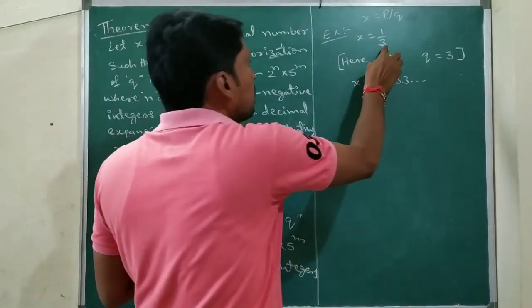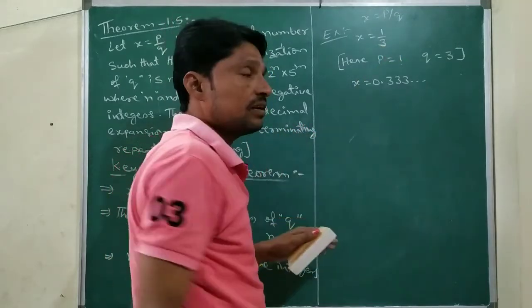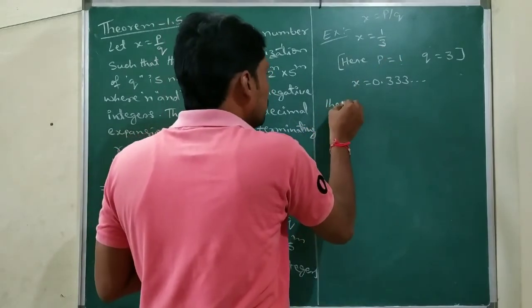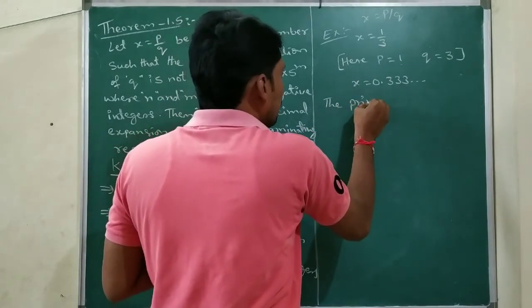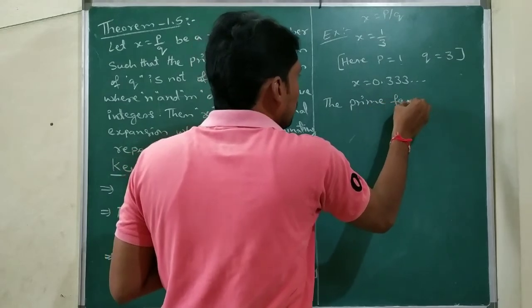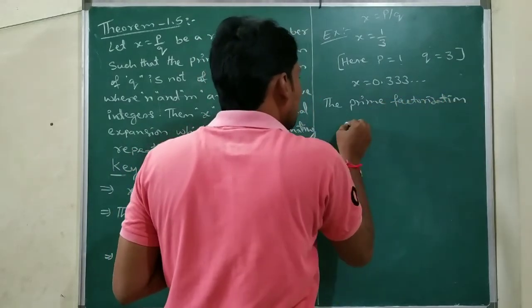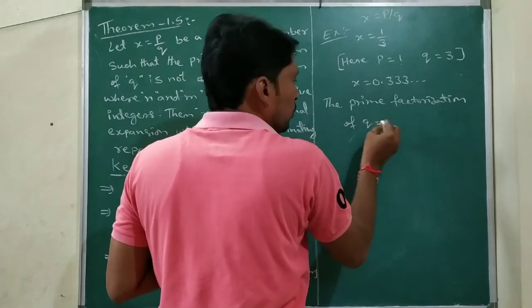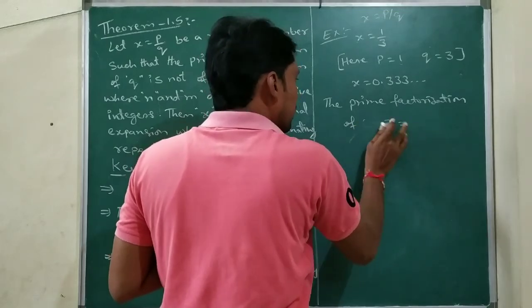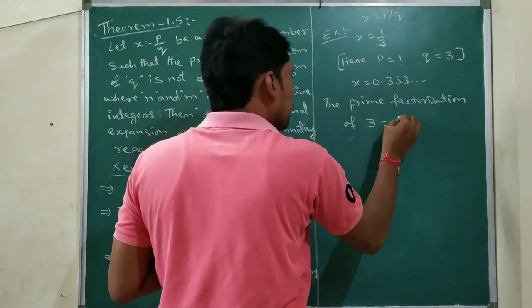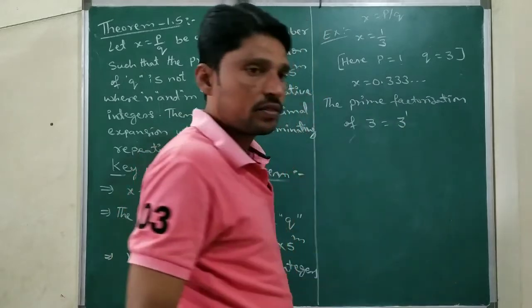So the prime factorization of q, here 3, is 3 power 1.